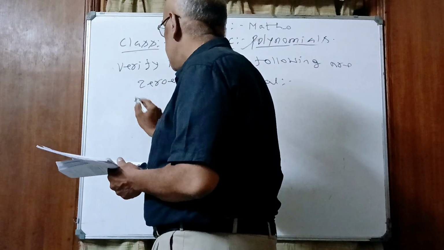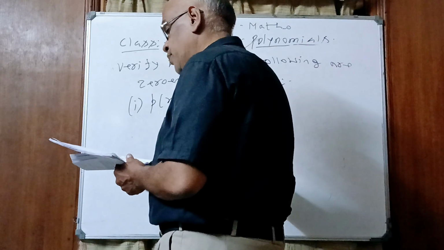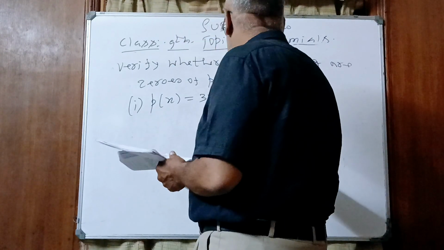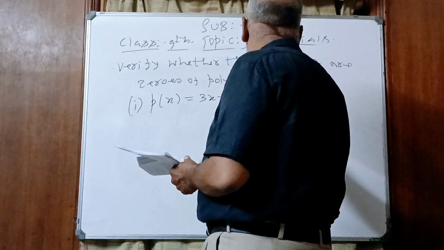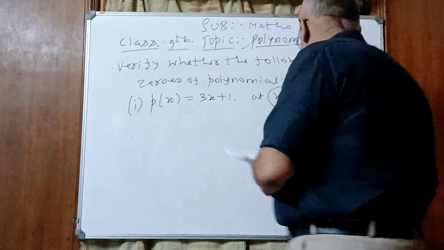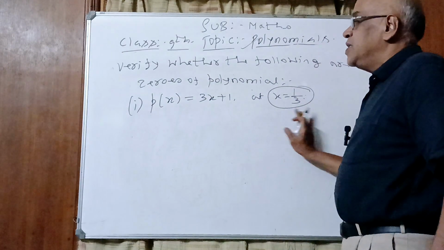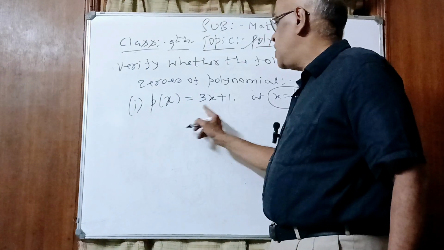First one, p of x is equal to 3x plus 1 at x is equal to 1 by 3. Now what is the question, children? Check whether x is equal to 1 by 3 is the zero of this polynomial p of x is equal to 3x plus 1.